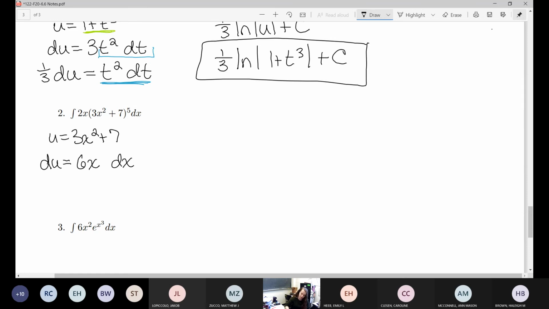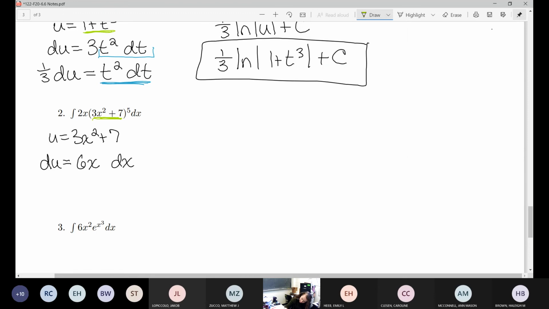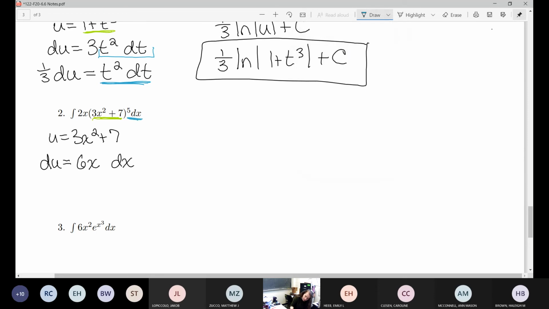Now this one is actually one that gets a bit more, there's a bunch of different ways you could do this one. I'm gonna do that way because it's the most like what we've already done. So notice that, we're going to replace the thing inside with u, and notice that we have a dx, and we technically have a 2x.